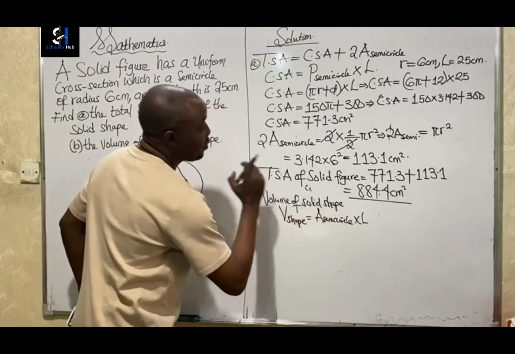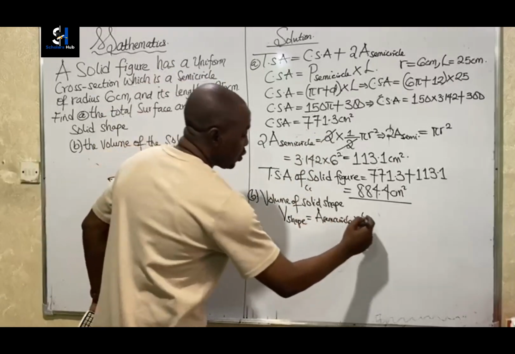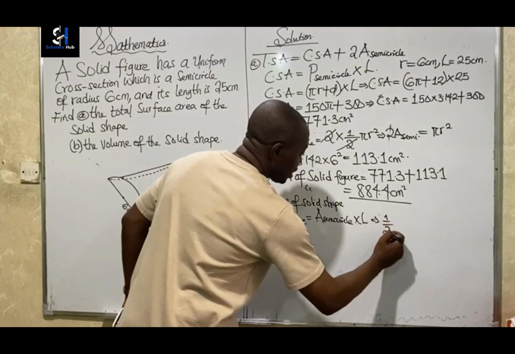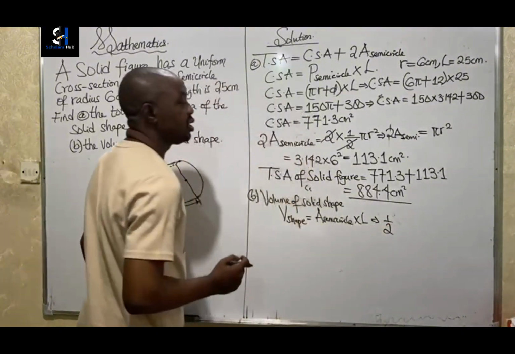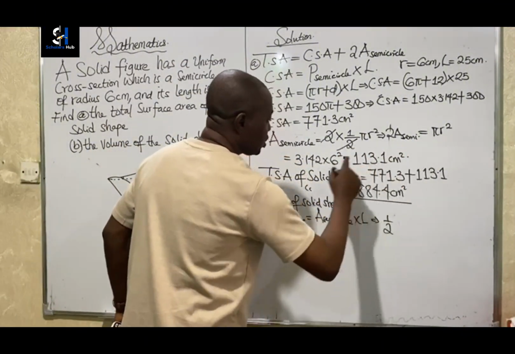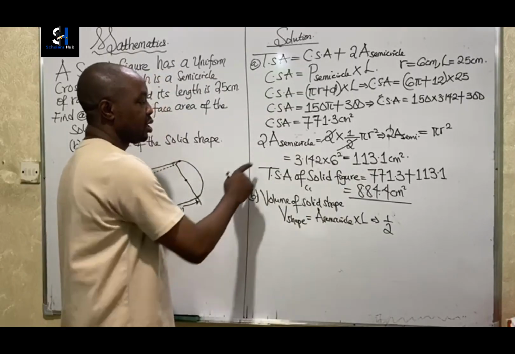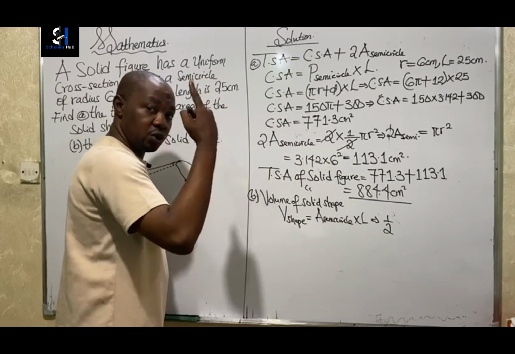So what is the area of the semicircle? We calculated the area of the full circle to be 113.1 square centimeters, because two semicircles make one complete circle.